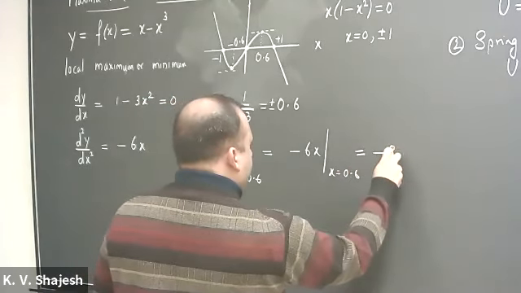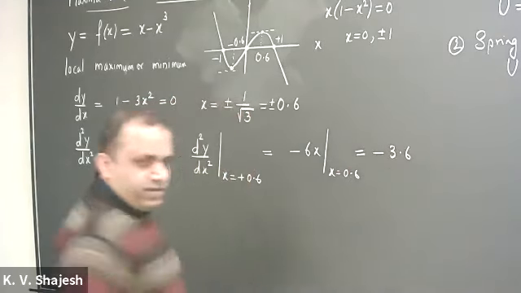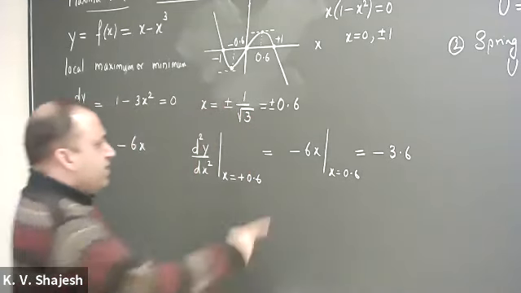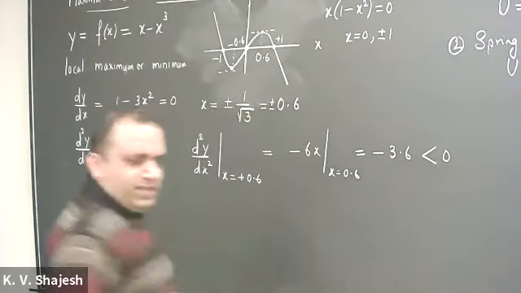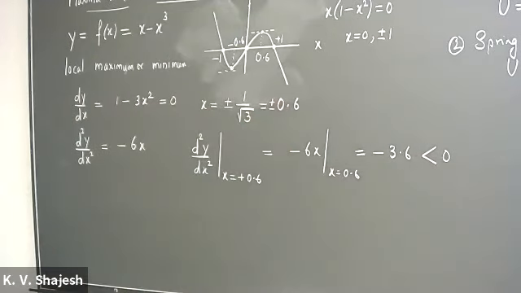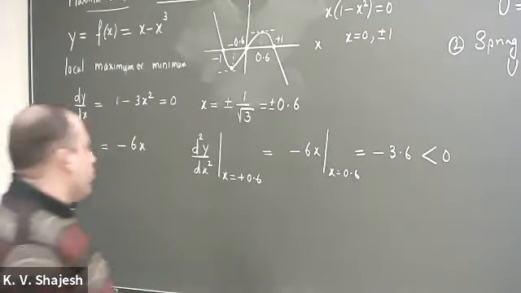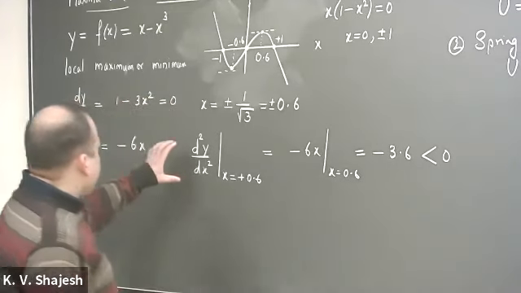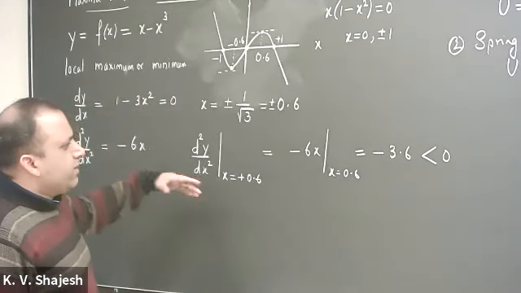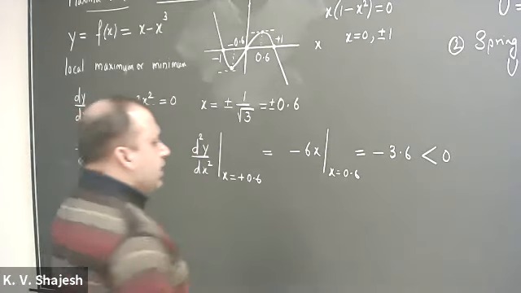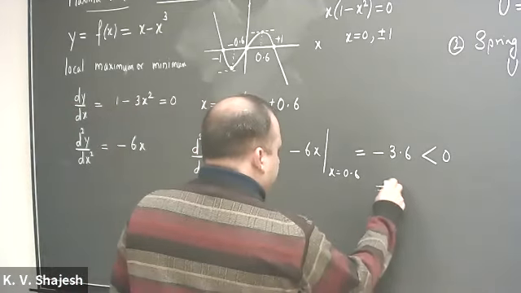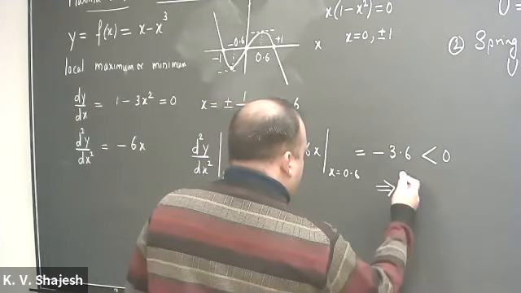So that's minus 3.6. Since it is negative, we are going to conclude that this is a maximum point. So the idea is that take the second derivative, and if that value comes out to be less than 0, that implies that's a maximum, or a local maximum.